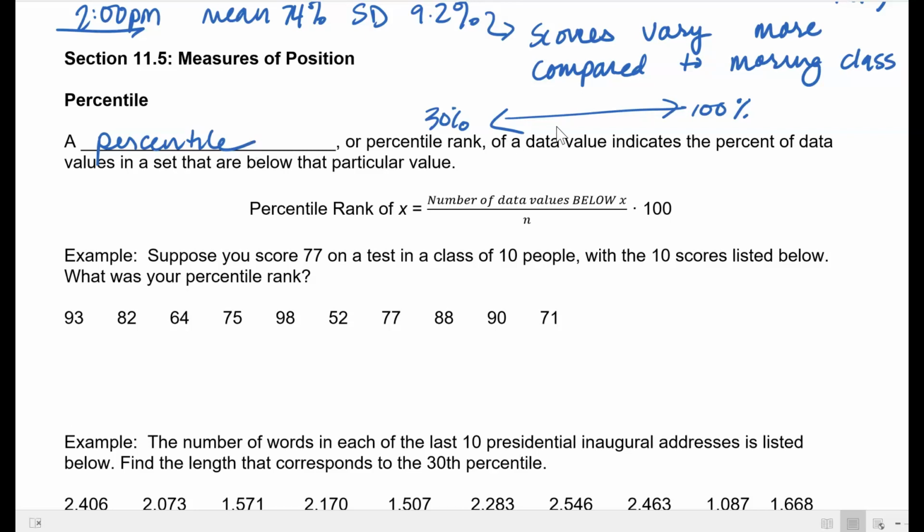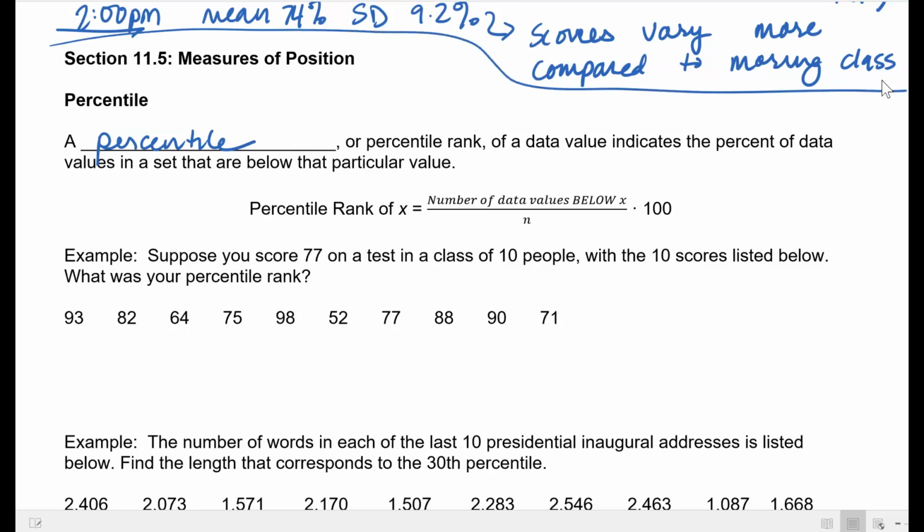So you may remember, or maybe not, when you went to the doctor when you were little, or if you have little kids, you might be able to reference this, but a lot of times the doctor will give you a percentile for your weight and height. So for example, if I was told that I was 70th percentile for height, what that means is that I am taller than 70% of people.